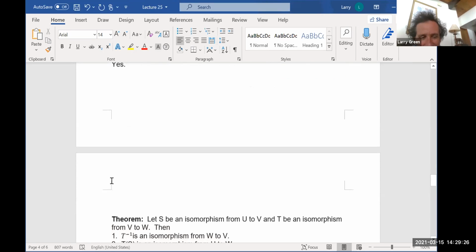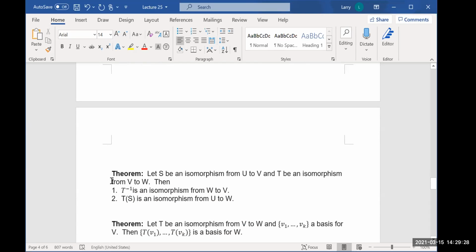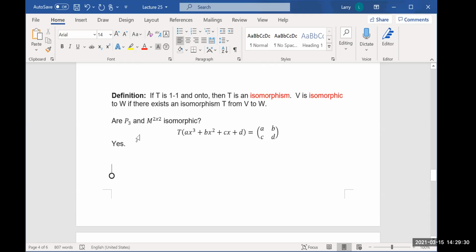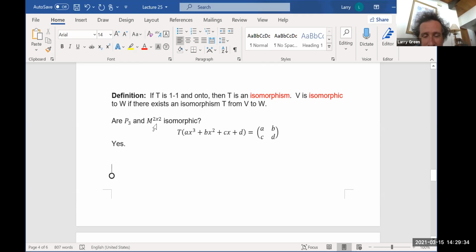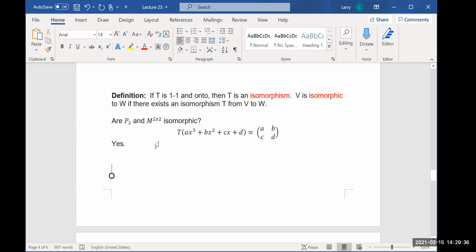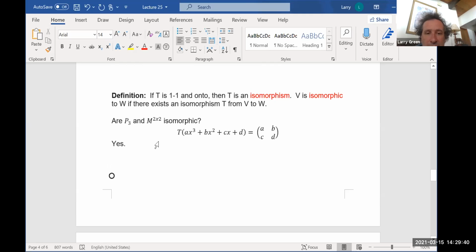So is this true for any polynomial of degree n or less? It won't be M2 by 2, but a matrix of some sort, sure. You could always do a 1 by n plus 1 matrix.